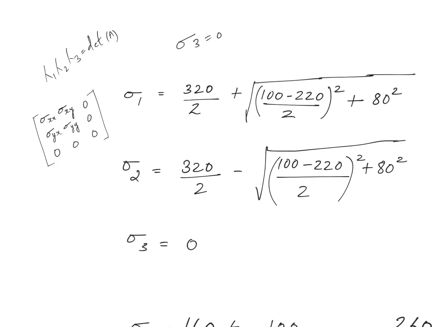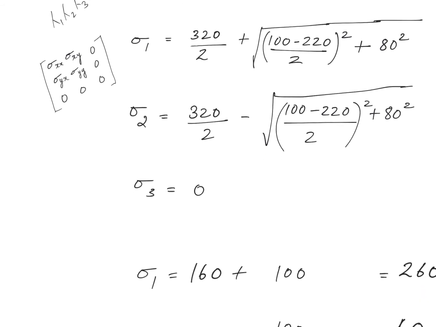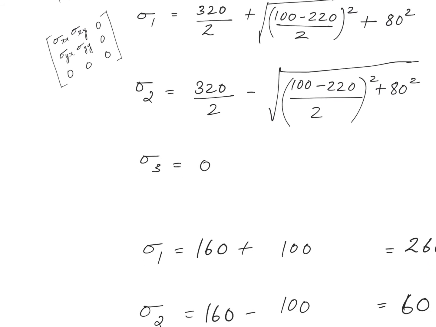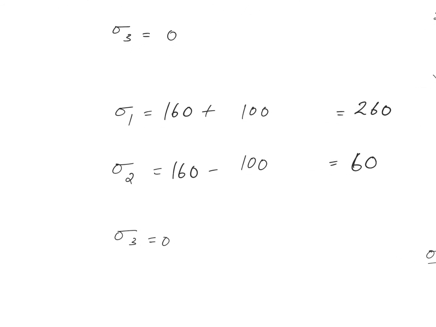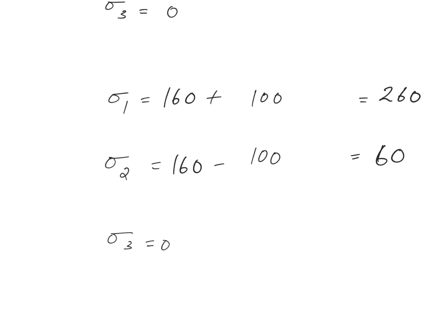One principal eigenvalue is the same as the principal stress, so one principal stress should be 0 when you have a plane stress problem, but the other two principal stresses can be evaluated using Mohr circle. So here I evaluated all the three principal stresses.